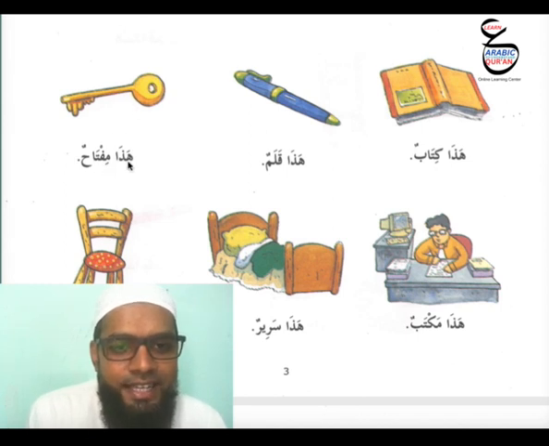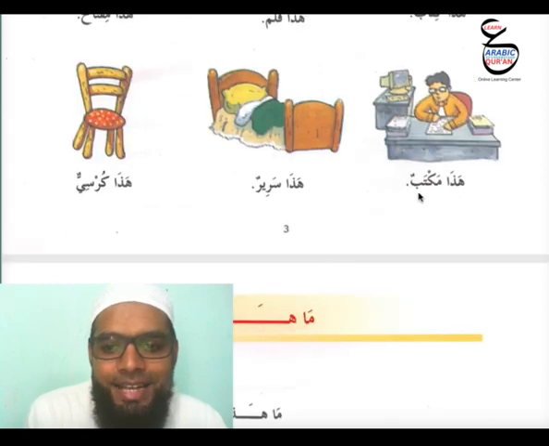This is a key. Hada maktabun. This is a writing table.